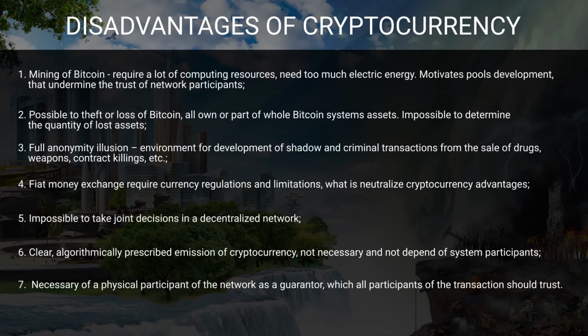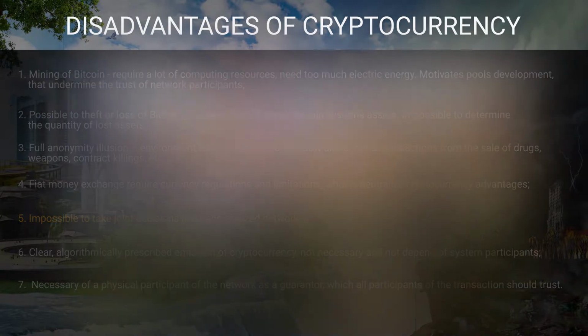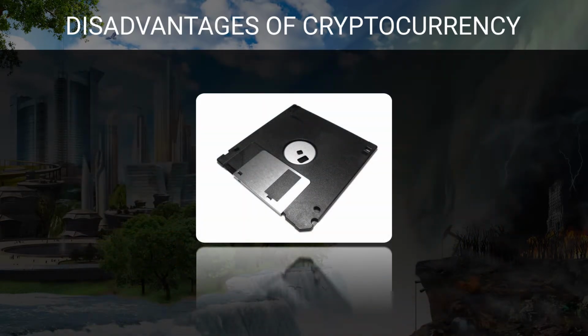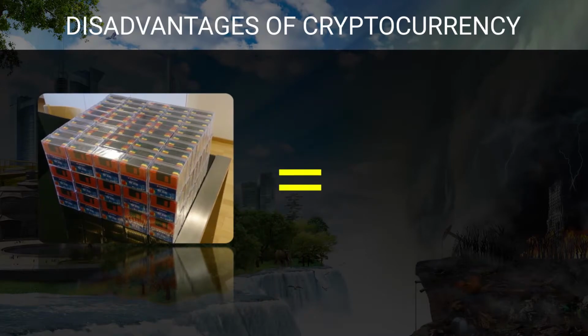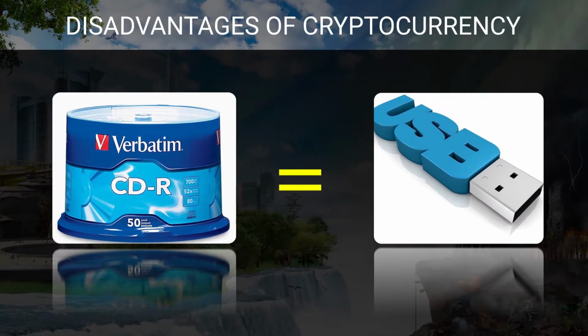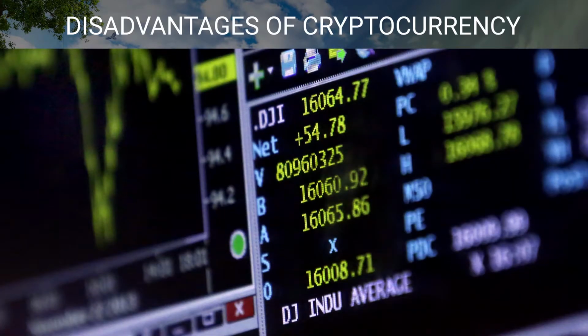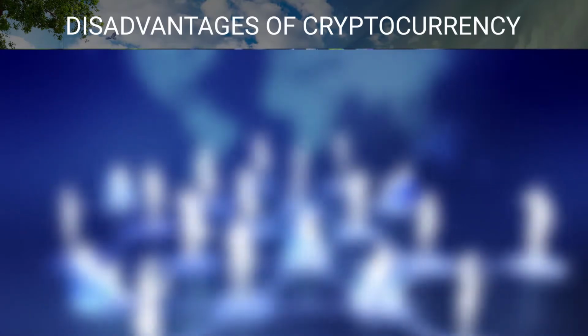One more significant disadvantage is that it is impossible to make joint decisions in a decentralized network. We live in a fast-moving technology development era. We can see significant memory and speed doubling inside processors, as well as the creation of new high-speed communication protocols almost every day.